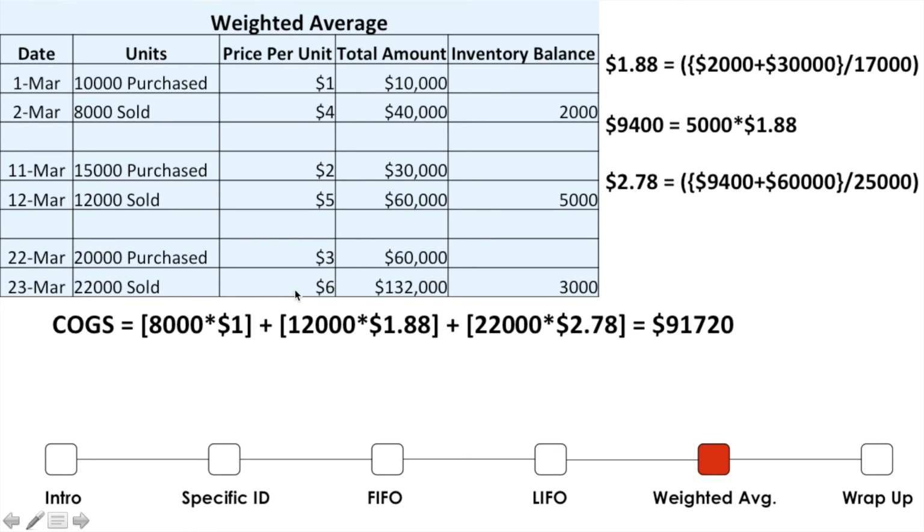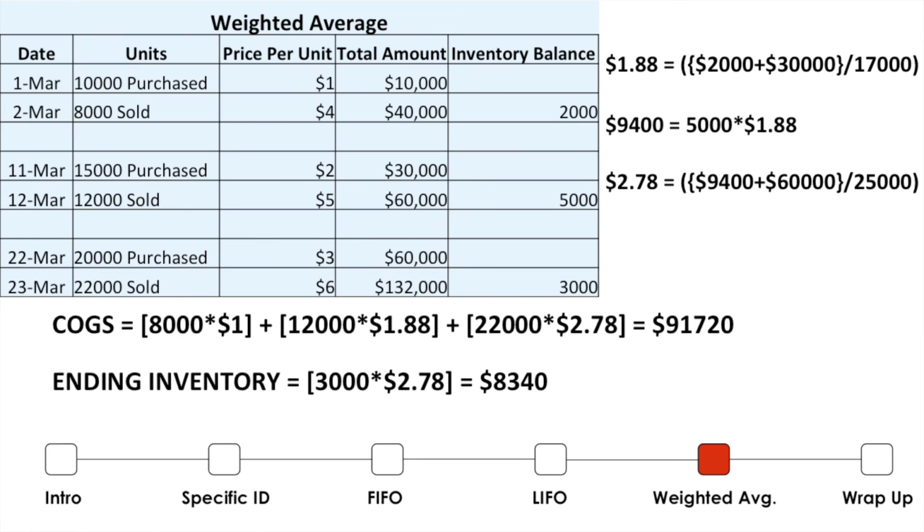And then we must add this to 20,000 times 3, or 60,000, divided by 25,000 units for a new average cost per unit of $2.78, which gets multiplied to the 22,000 for a COGS under weighted average of $91,720. And then we have 3,000 units left over, where the average cost of each unit is $2.78. So we do 3,000 times $2.78 for a total ending inventory of 8,340.